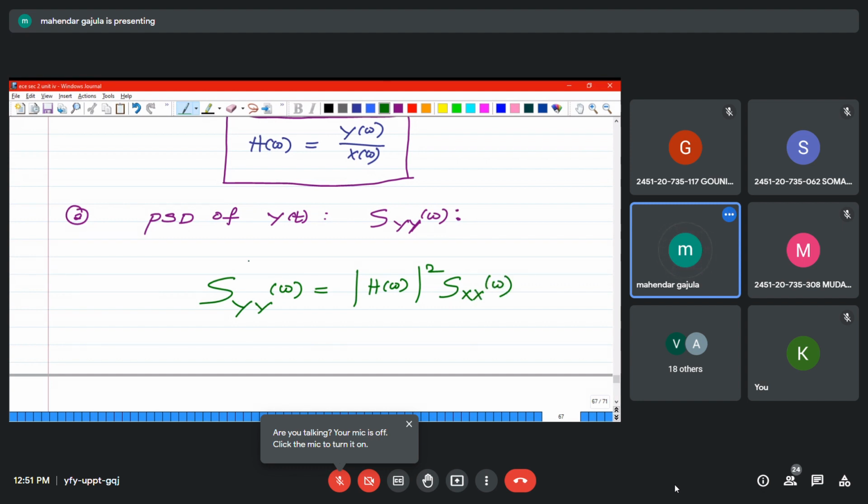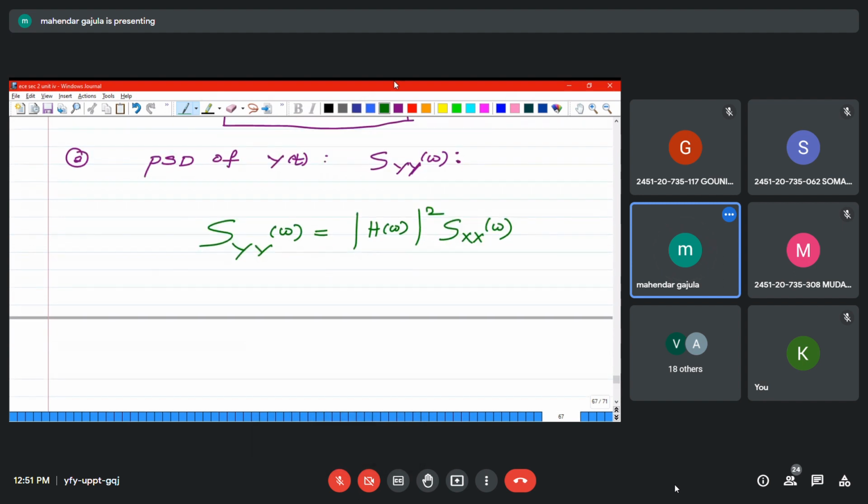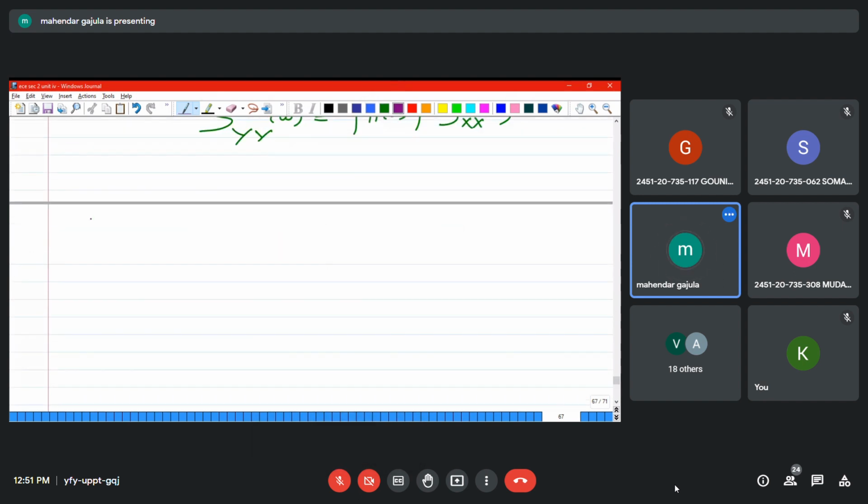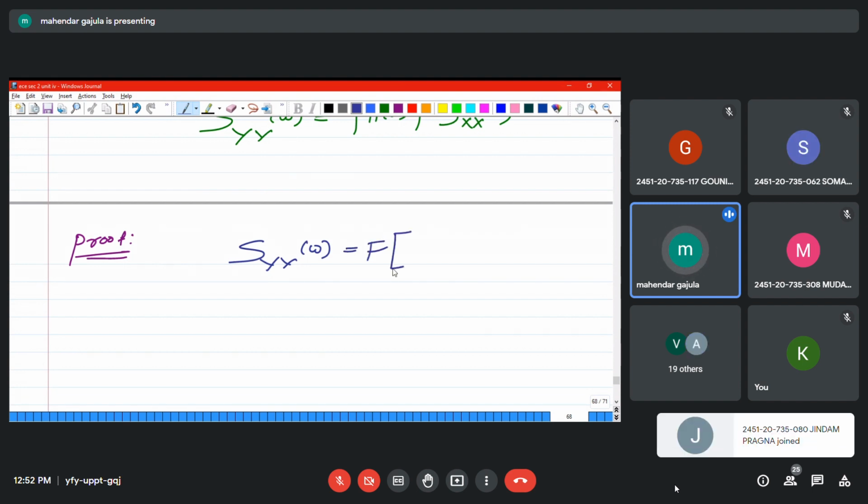Okay, let us prove it. The input and output power spectral density are related by S_yy omega equals mod H omega square into S_xx omega. It's a very important proof. So S_yy omega, you get the power spectral density by applying the Fourier transform on the correlation. Which correlation?